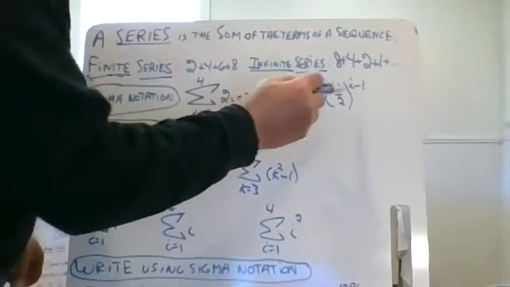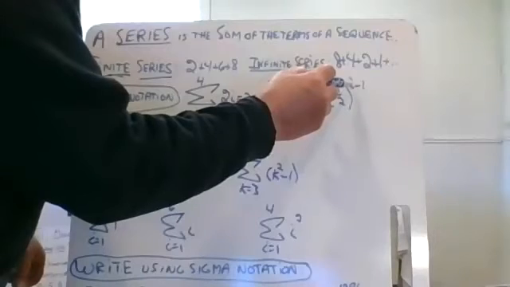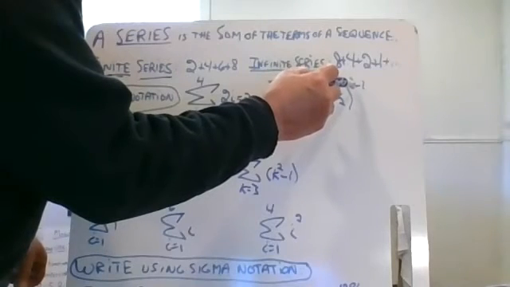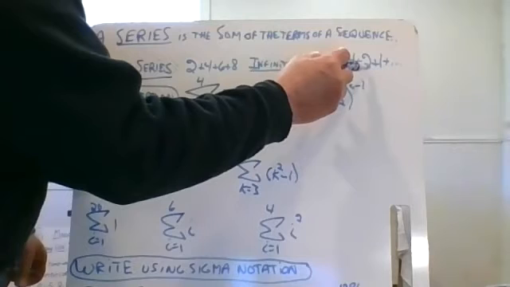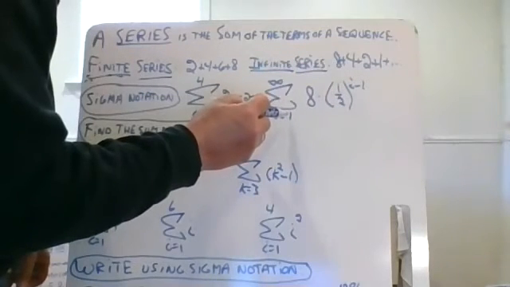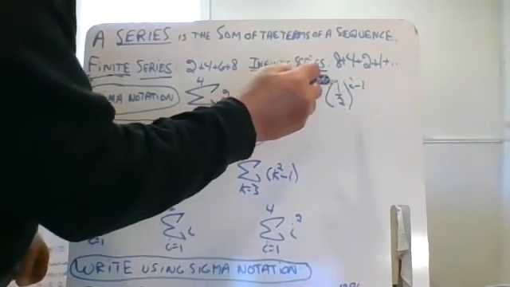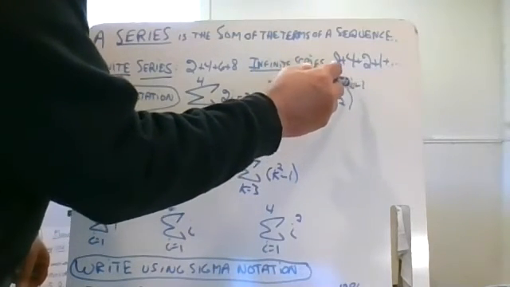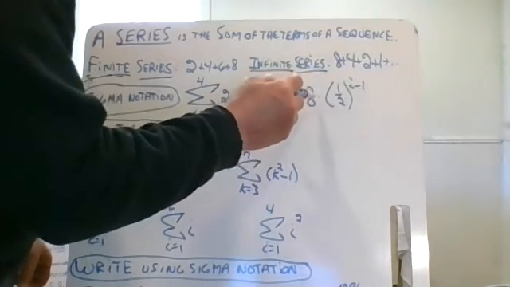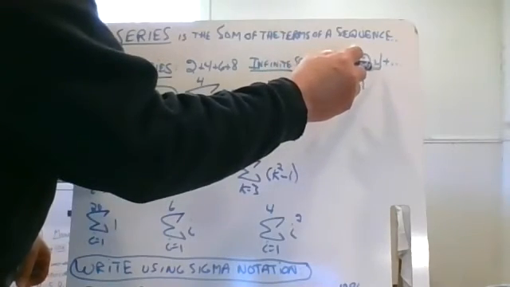When I equals 3, 1/2 to the 3 minus 1 is 1/2 squared, is 1/4 times 8, you get your 2. And when I equals 4, I minus 1 would be 3, and 1/2 cubed is 1/8 times 8 is 1.